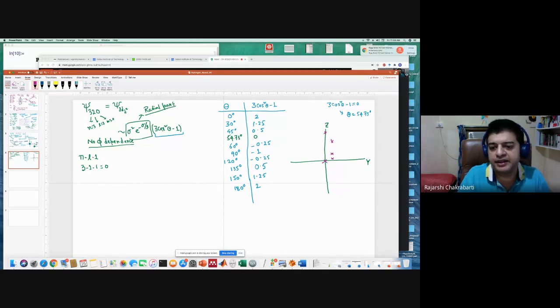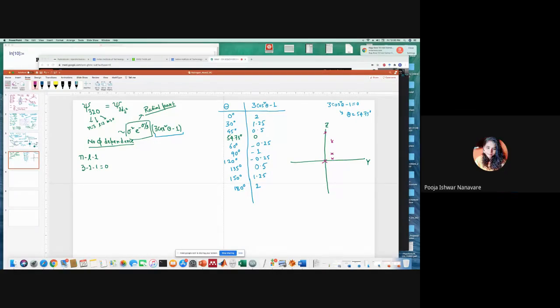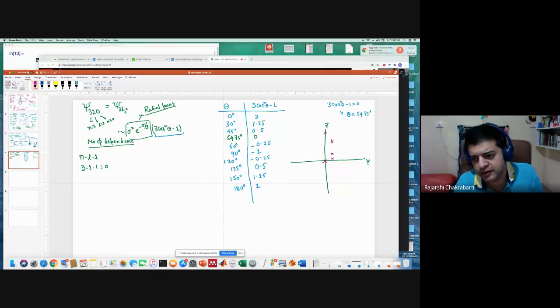And then 90 degree means along the y-axis. What is the value at 90 degree? Minus 1. But you have to take only plus 1, no? Somewhere here the length is. If this is 2, then this is 1. Now 135 degree, what is the value? 0.5, somewhere here.